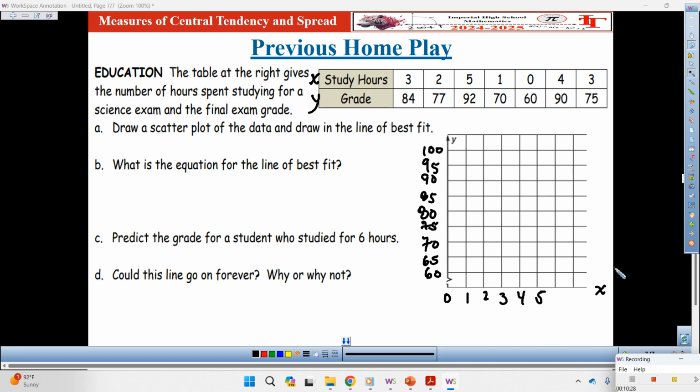All right, for the sake of time, here we go. Look up to the screen. You should have already labeled this, labeled that, and started plotting all your data, right?